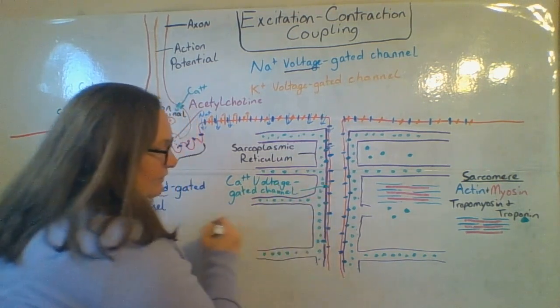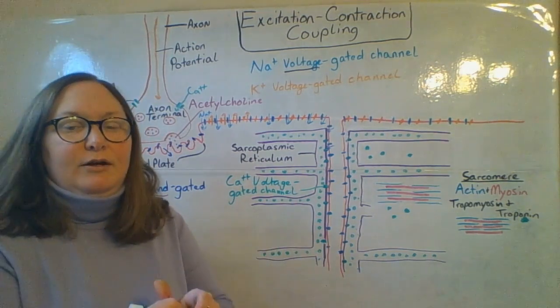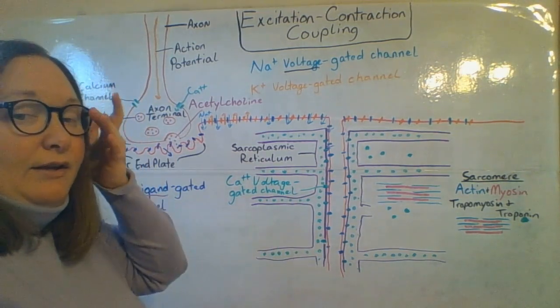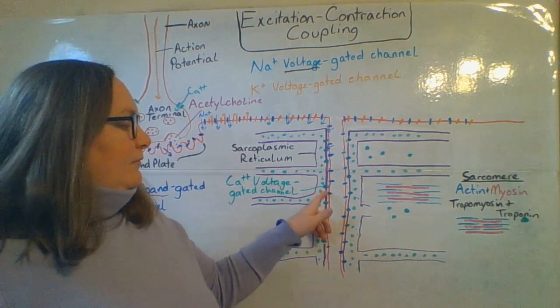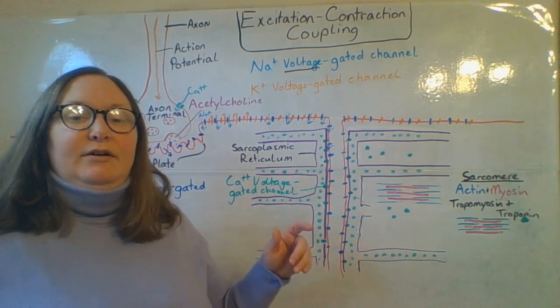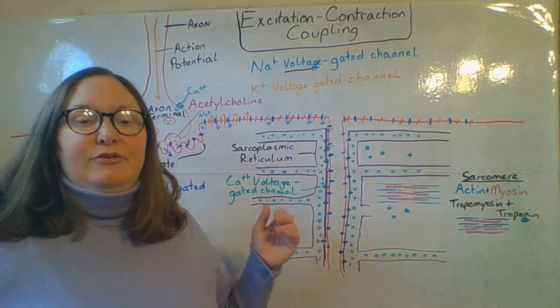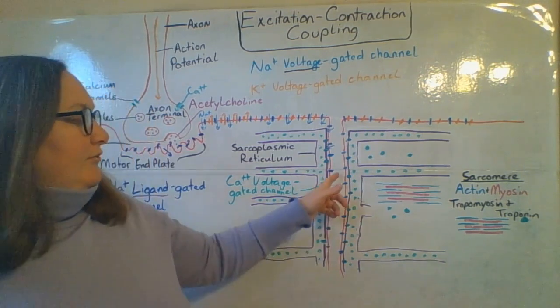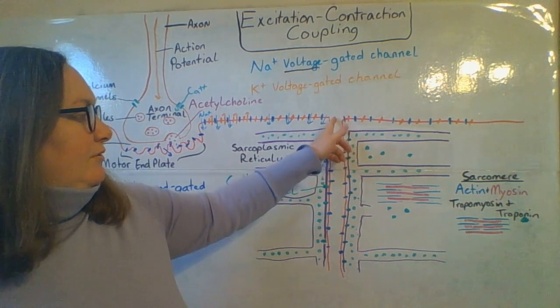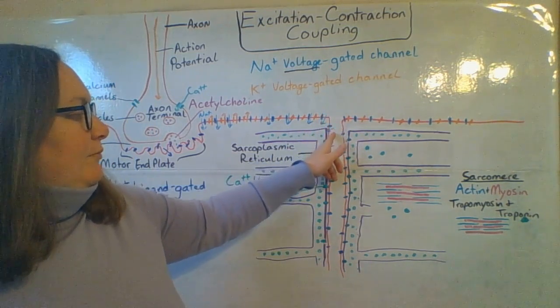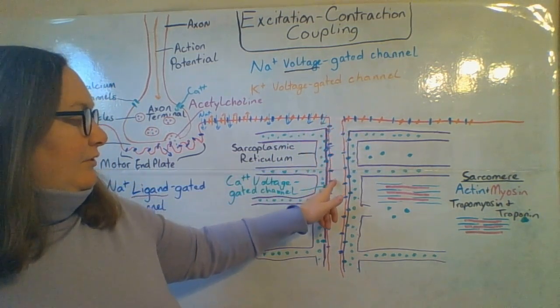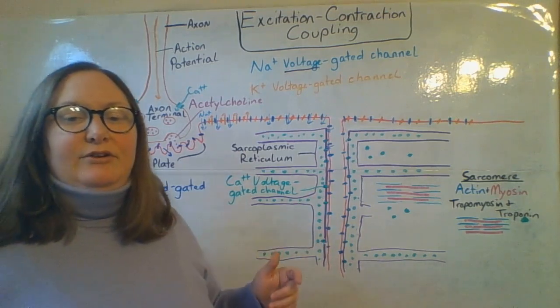And I drew them in green right there. It might be hard to see. But I want you to know that in the sarcoplasmic reticulum of the triad, we have calcium voltage-gated channels. And those channels respond to a depolarization as the membrane potential depolarizes, traveling down the T-tubule.